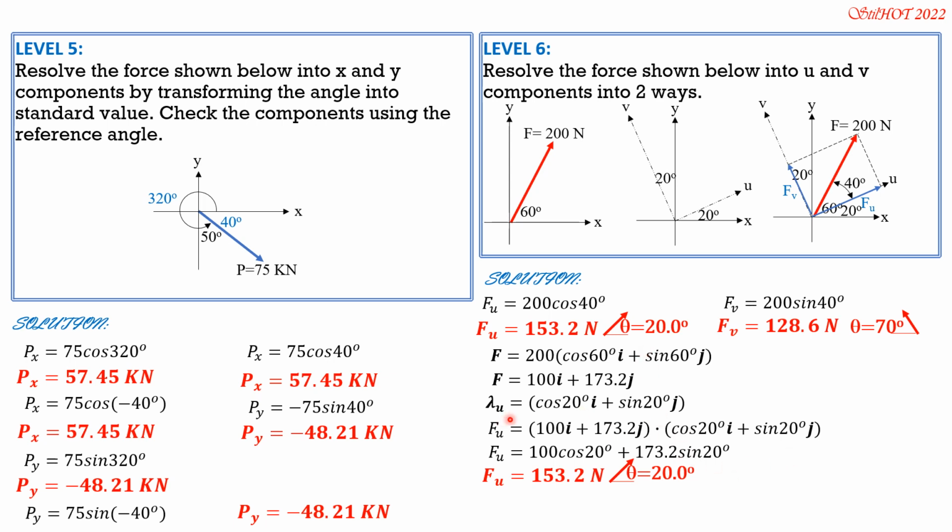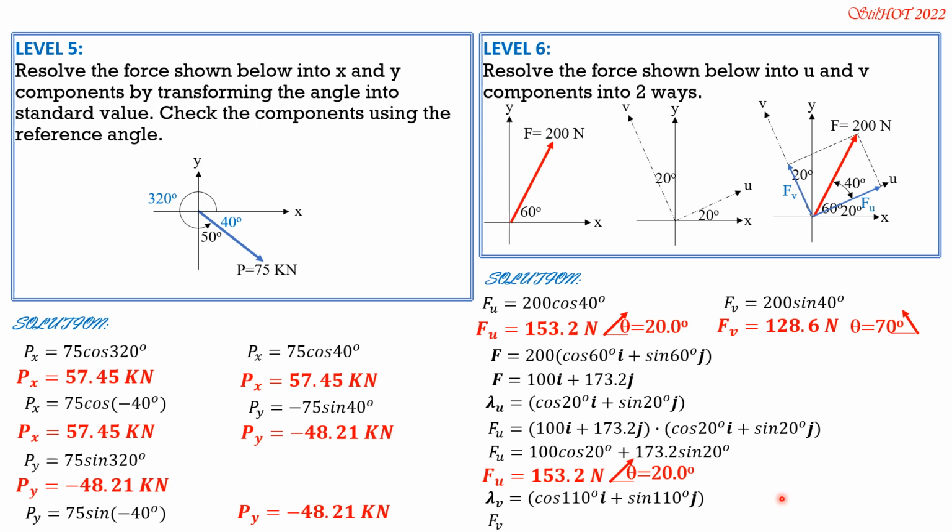The unit vector of the v-axis is, because this is already 90 plus 20, 110 degrees. So the unit vector of v is cosine of 110 degrees i plus sine 110 degrees j. 110 is from the x-axis, 90 plus 20 additional, so 110.